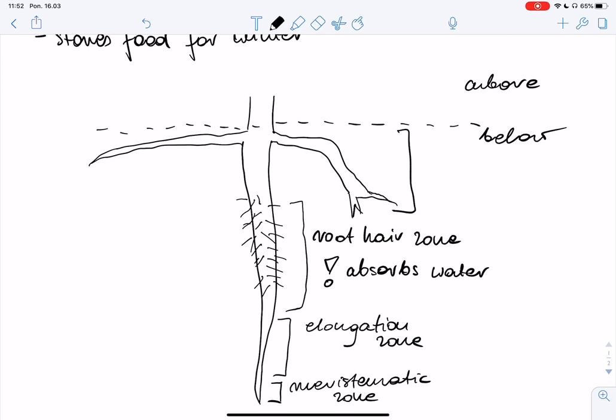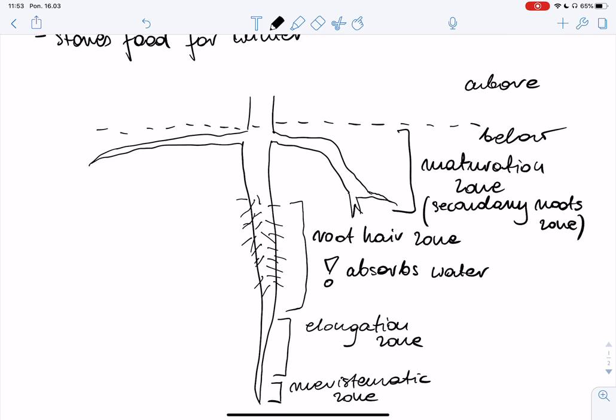And guys, the very top part of a plant where you have all those roots that are spreading more parallelly to the ground is the maturation zone. Also, you might find the name for it, which is the secondary roots zone.